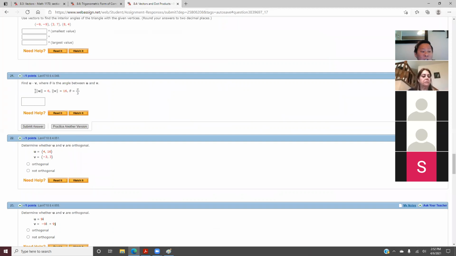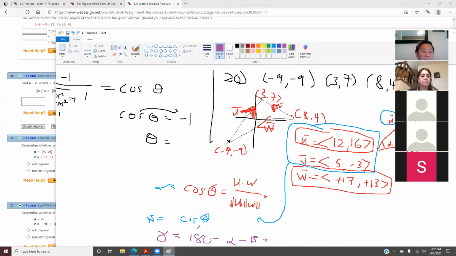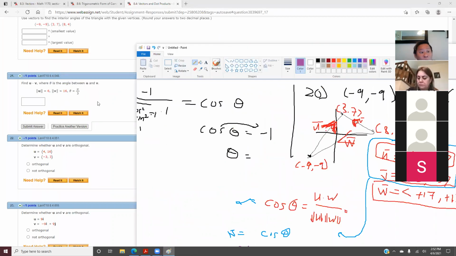So if you want to find u dot v, you simply need to just multiply them, and put the theta in cosine. So your answer for number 21, if you want to do this, is you take 6 times 16 times cosine of pi over 3.